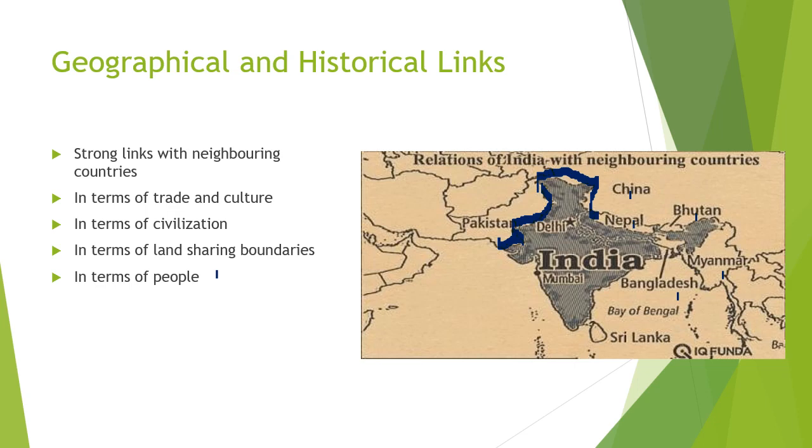The spiritual reasons are also there for exchange of people. In this way, India has very strong geographical and historical links with its neighboring countries, which is fostering its relations to be a very good neighboring country with others.